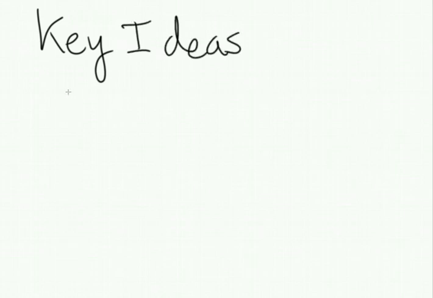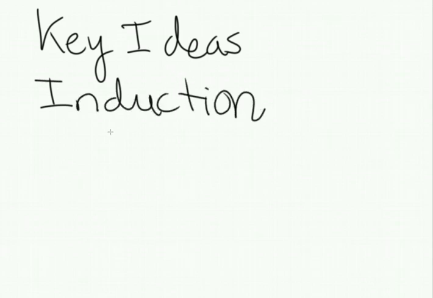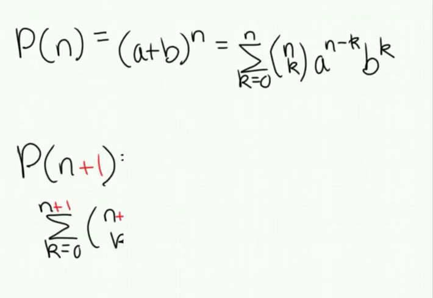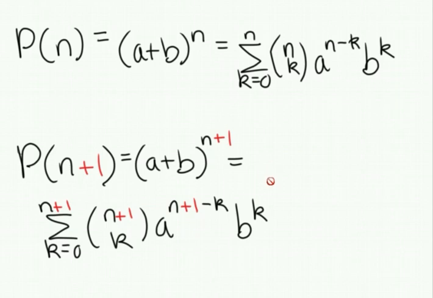So how would we prove this? We would need a proof by induction. And so basically, after we prove the base case, we'd have to prove that if P(n) is true, then P(n+1) is true as well. So, let's have P(n) be the statement (a + b)^n equals the sum from k equals 0 to n of n choose k, a^(n-k), b^k.